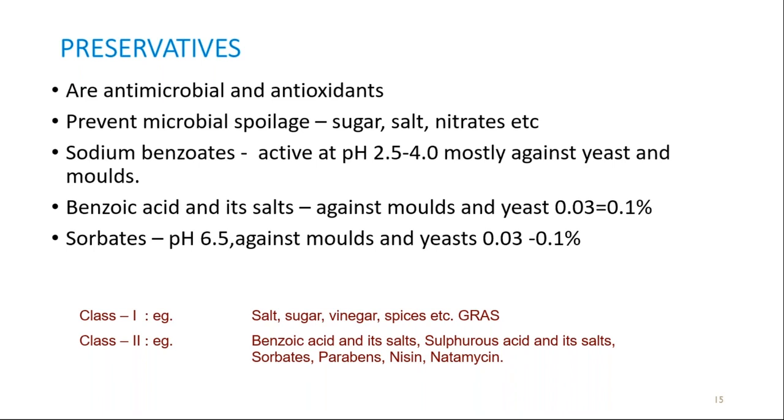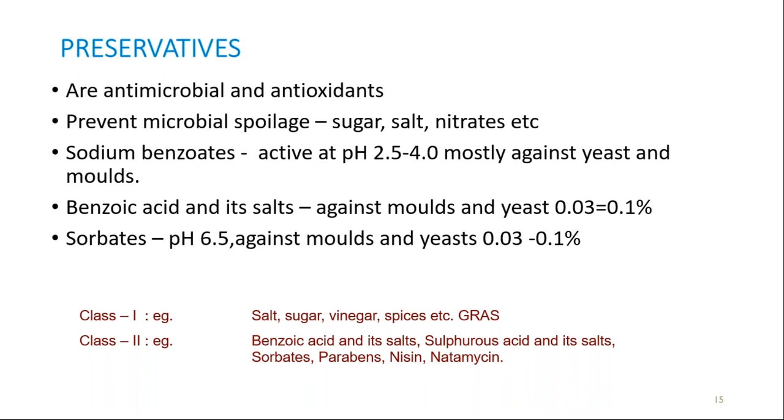The class 2 preservatives are generally chemicals, and they are used to bring down the pH of the product so that they prevent the growth of microorganisms, especially yeast and mold. Sodium benzoate and benzoic acid are active at pH 2.5 to 4, and they are used for preventing the growth of yeast and mold.